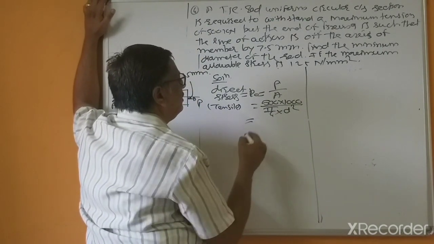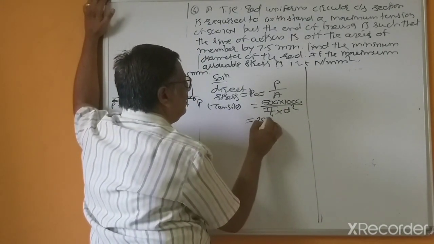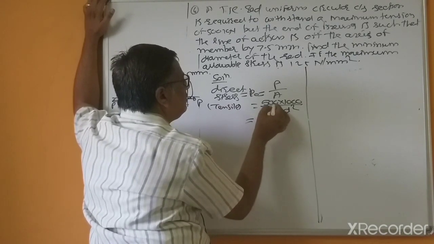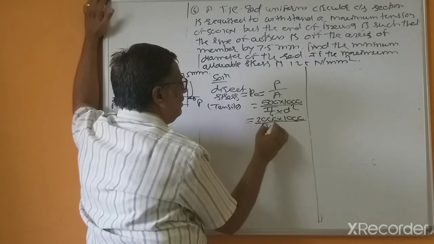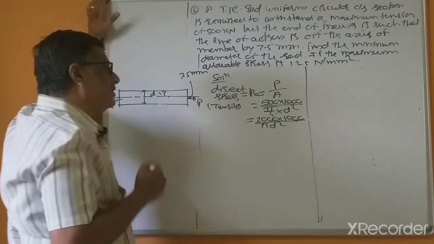That's why I write this as 2000 multiplied by 4 multiplied by 1000 divided by pi d square. Let us see what happens.